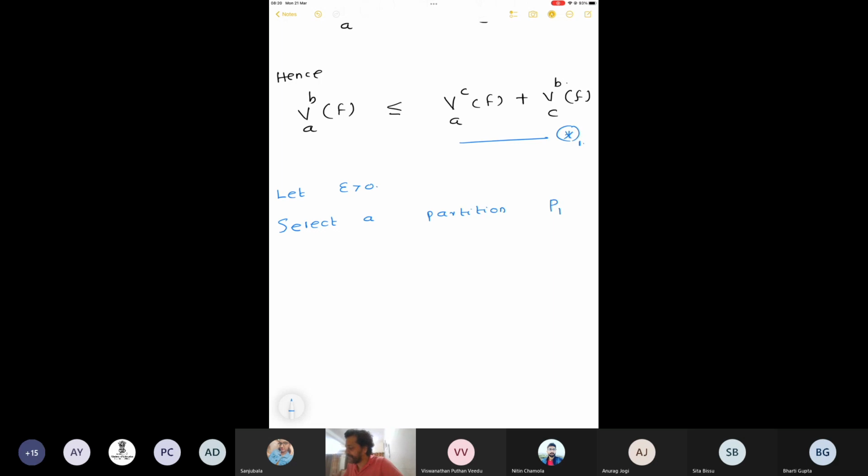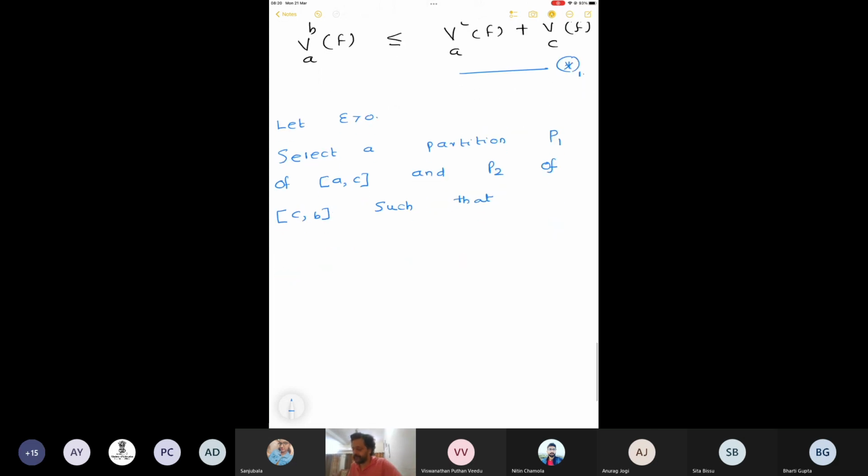Select a partition P1 of AC and P2 of, let us say, the interval CB such that, yes, now I am going to use definition of supremum. Total variation over AC of F minus epsilon by 2 cannot be an upper bound, is less than or equal to variation over AC corresponding to the partition P1 of F. Such a partition P1 exists.